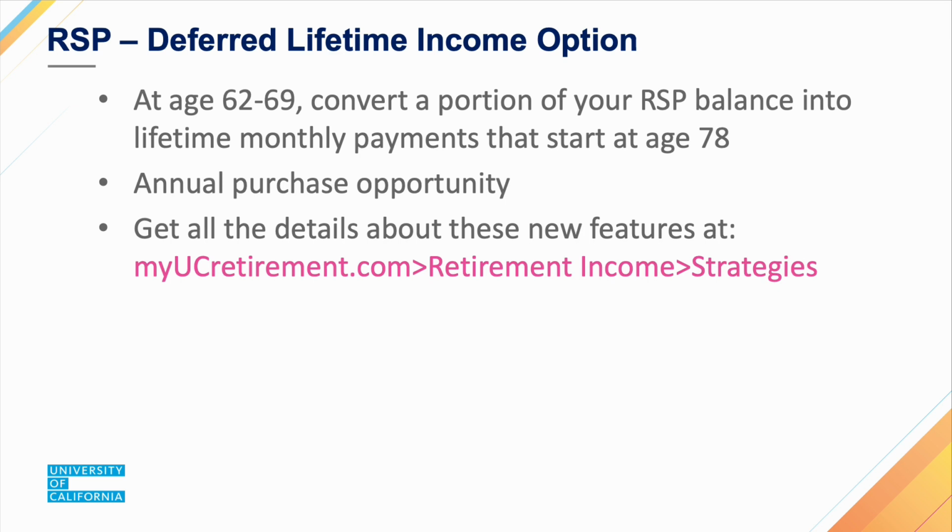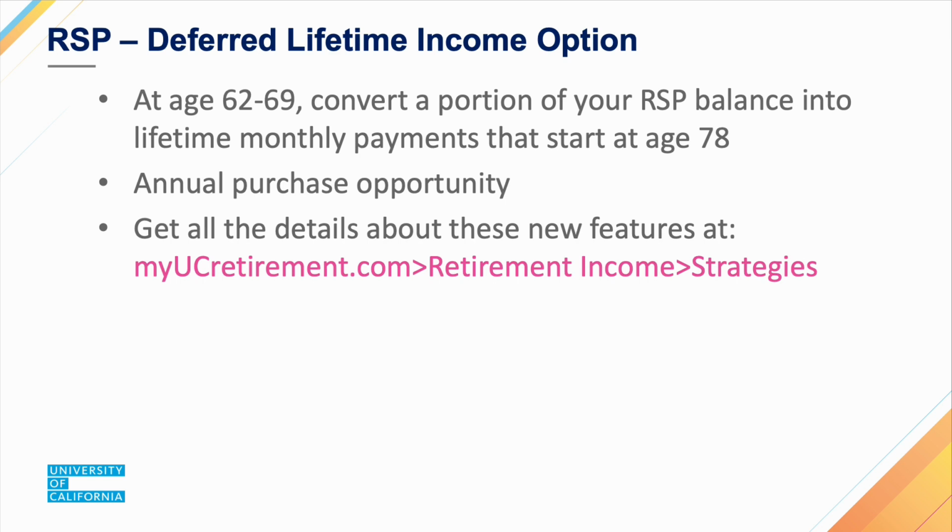Another source under the retirement savings program is the deferred lifetime income option. Starting in 2021, UC added a new way to have guaranteed income in retirement. Between the ages of 62 and 69, you have an annual opportunity to convert a portion of your retirement savings balance into an annuity that will provide lifetime monthly income starting at age 78.